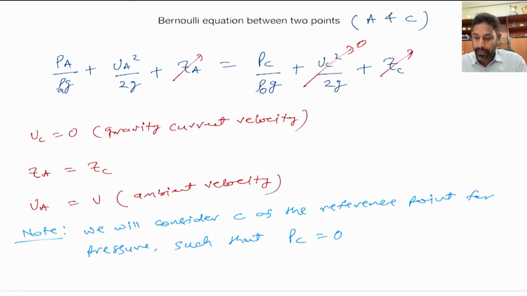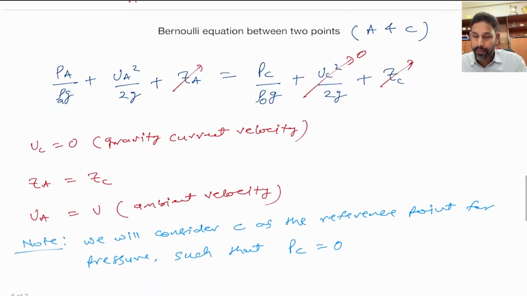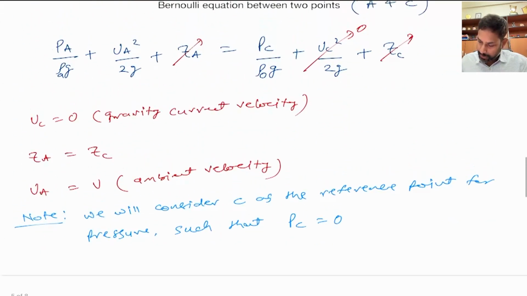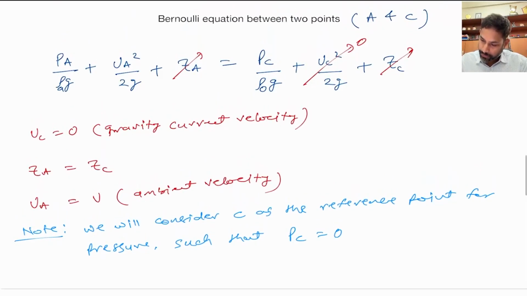This is a reference point we are considering, because in Bernoulli equation we define one datum or one reference point where pressure is 0, and we try to define pressure condition at every other point based on that particular pressure. That is why if we define PC is equal to 0, this particular term also becomes 0.